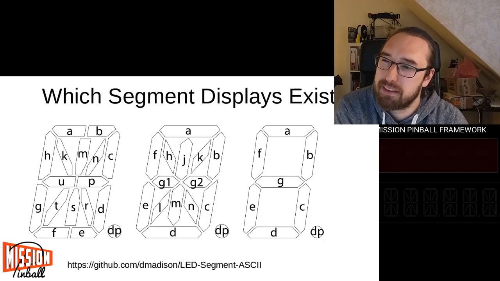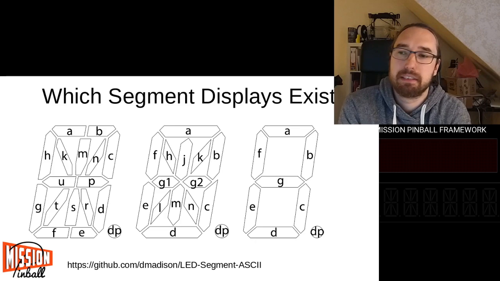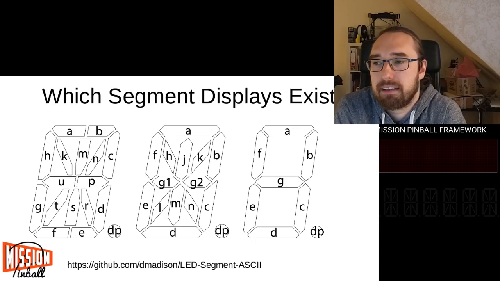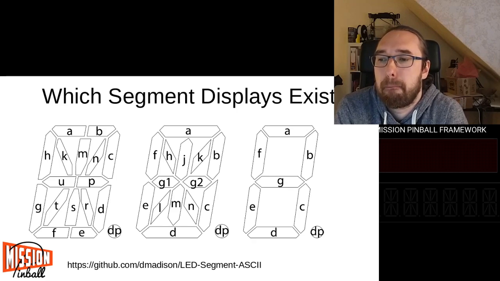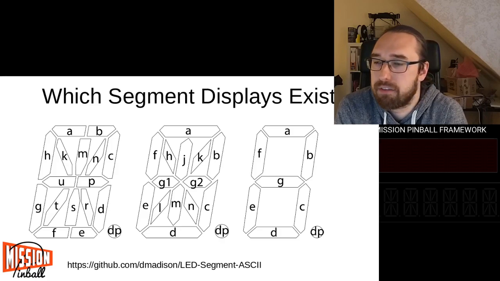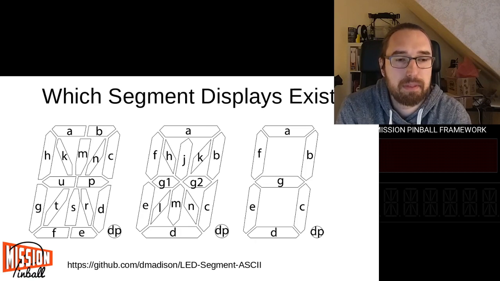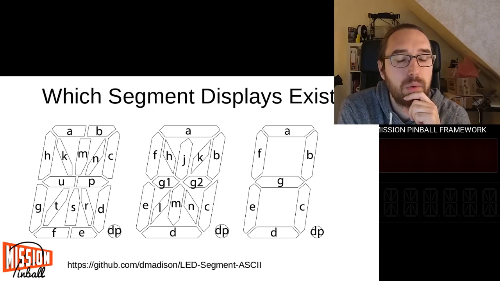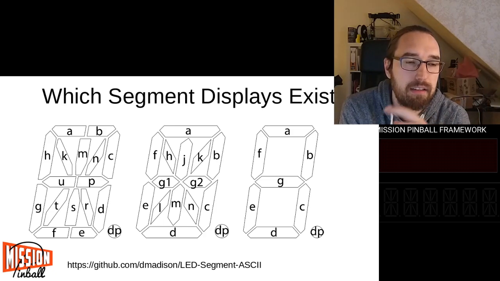So what segments exist? These are the three most common ones. The left one is the 16 segment display, the middle one is 14 segment, and the right one is 7 segment. If you look at the left and the middle, the left has the top line separated into A and B, where the 14 segment has only A, and the same for the bottom one.